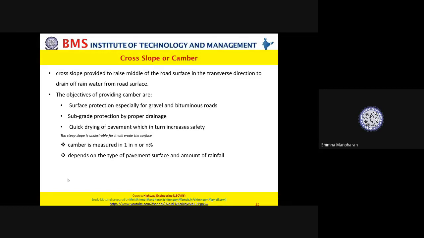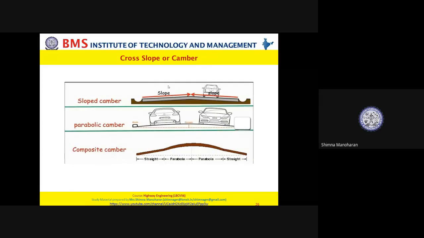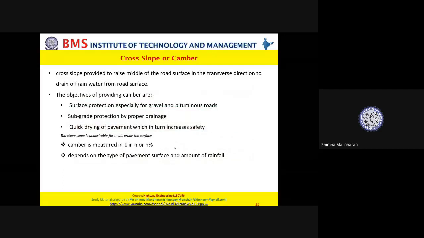What is the importance of proper drainage? It will provide some surface protection for the bitumen surface. Then the subgrade soil is also protected, since it has proper drainage. Also, we have seen how, when water is present, the vehicle gets skidded.